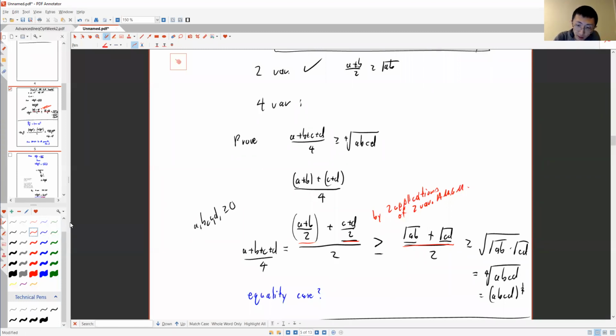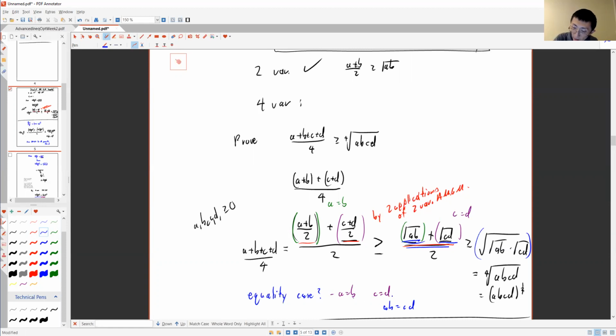So this thing is equal to this thing when A equals B. And this thing is equal to this thing when C equals D. So we definitely have A equals B and C equals D. And when we apply AM-GM from this step to this step, we get that A times B equals C times D. So AB equals CD.